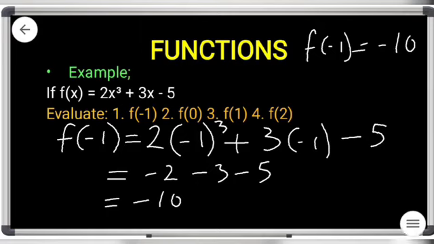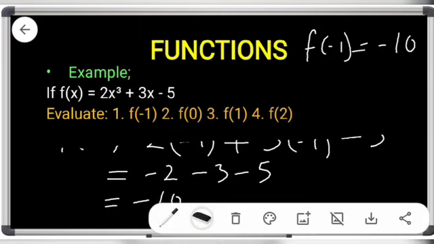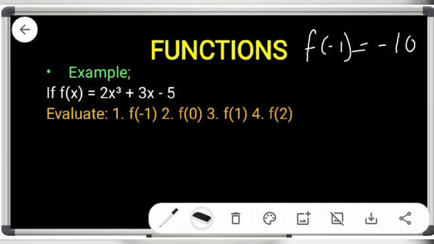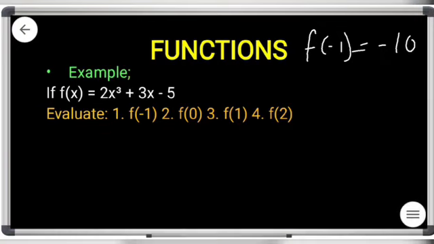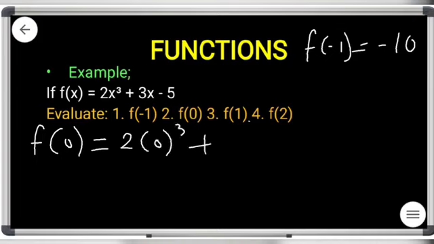Moving to number 2, we have f of 0. So, f of 0 is equal to 2 times 0 raised to power 3, plus 3 times 0, minus 5.